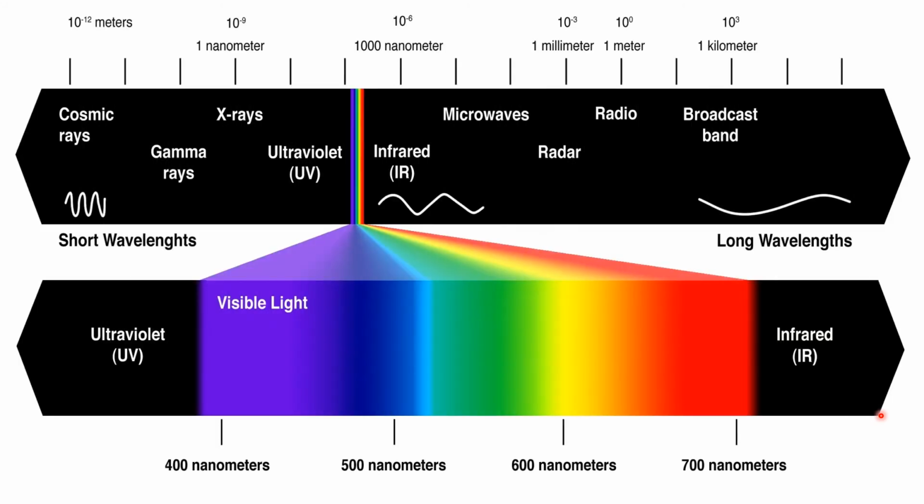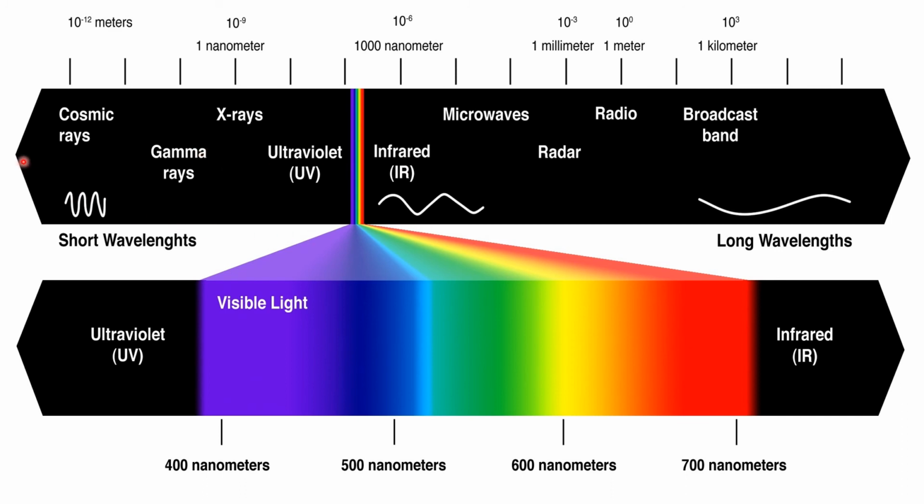Now let us discuss the electromagnetic spectrum. You see here, this is the electromagnetic spectrum. Spectrum is nothing but a group of wavelengths. So this is an electromagnetic spectrum, in which different types of electromagnetic waves have been shown.